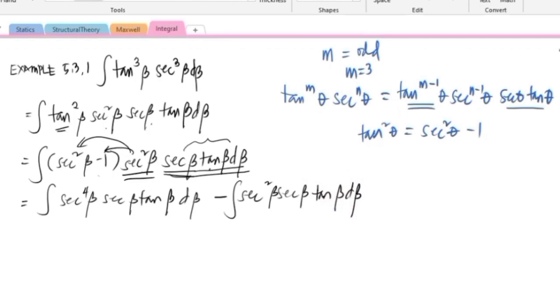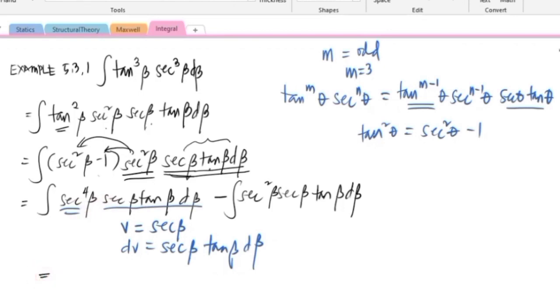Ano yung purpose nito? Ang purpose nito is this. We let v is equal to secant beta. So, your dv is secant beta tangent beta d beta. So, since derivative nito ay nandito na, therefore, we can now apply the general power formula.